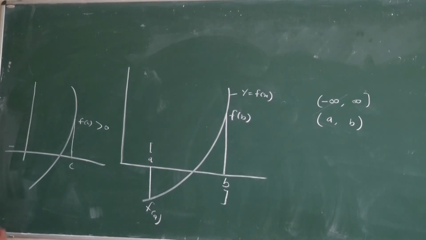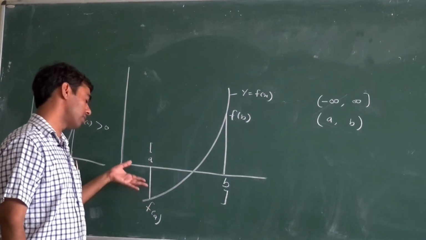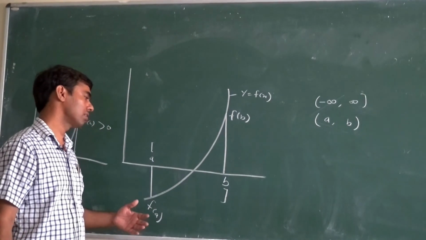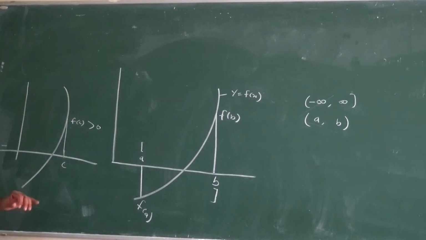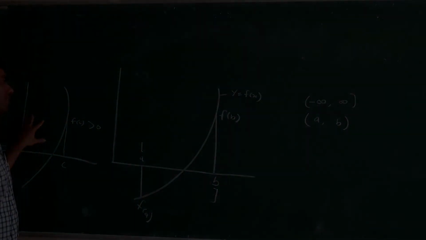So in non-bracketing methods, there is no need to find a lower bracket at which the value of the function is negative, and an upper bracket at which the value of the function is positive. So this is the difference between bracketing methods and non-bracketing methods.